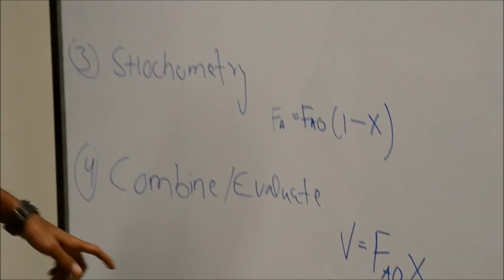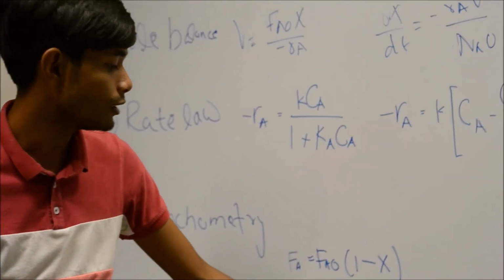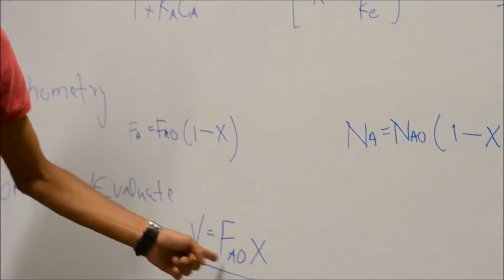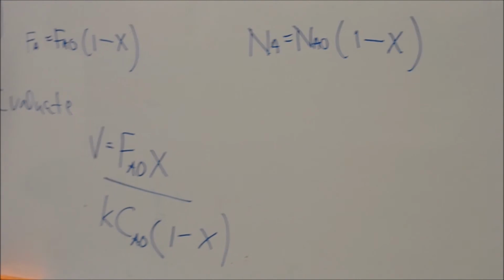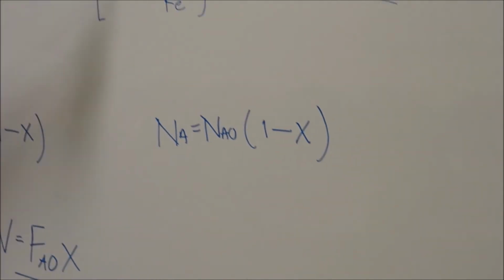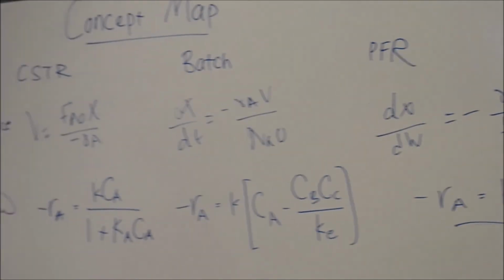So for evaluation, we just substitute the value for each, then we calculate the volume. And it's the same for batch and PFR. So I hope you can do it.